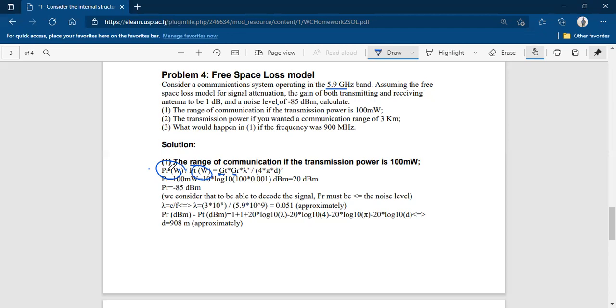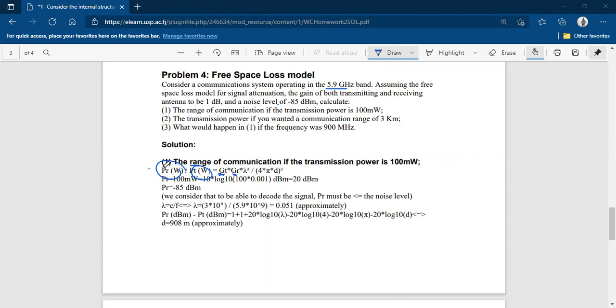So that is why we had to change the unit of these two, because eventually the units of these two will cancel each other off. So we have to ensure these two are in the same units. If we were using a milliwatt power for the PT value over here, we have to ensure that our receiving power is also in milliwatts.